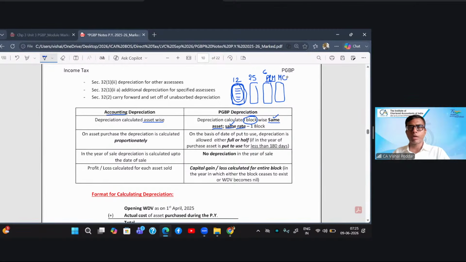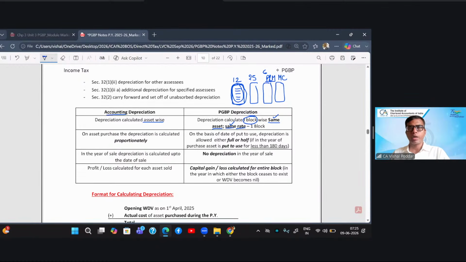Then you have motor cars. Now you may have different types of motor cars purchased at different points of time. Some may be normal motor cars, some may be trucks, some may be trailers. Everything is put in one block, one group.